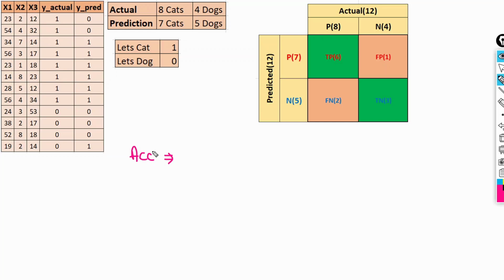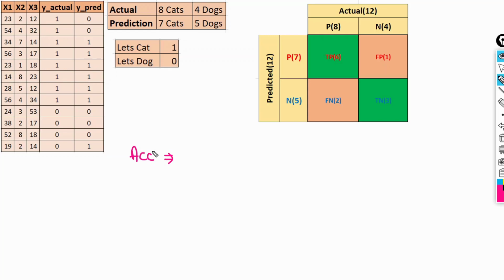I created one classification model and we want to check whether our model is performing well or not. We can check that with the help of accuracy, how accurate our model is. If we have 5 positive cases and 3 negative cases, our model should classify all the positive and negative cases correctly.